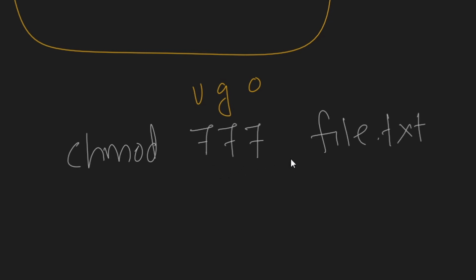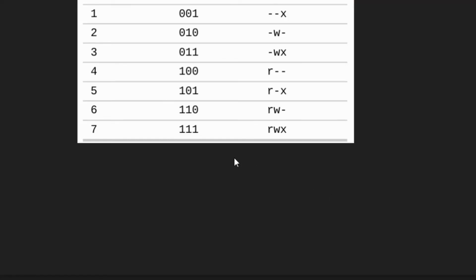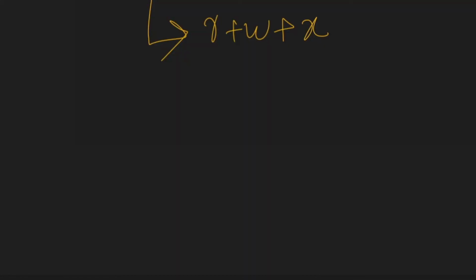So 777 means the user has a permission of 7, group has a permission of 7, and others have the permission of 7. Now what does 7 mean? 7 means read plus write plus execute, which is what we explained here. So basically 777 means everyone has read, write and execute permission on that file.